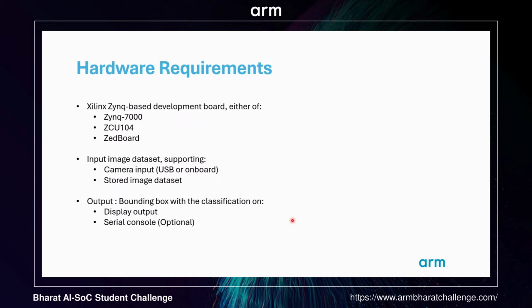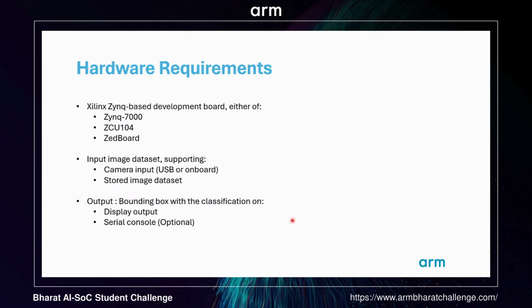In terms of hardware requirements, you will require a Xilinx Zynq-based development board. This can be either of Zynq 7000, ZCU104, or a Z board. The input image dataset should be able to support both the camera input as well as stored image dataset.